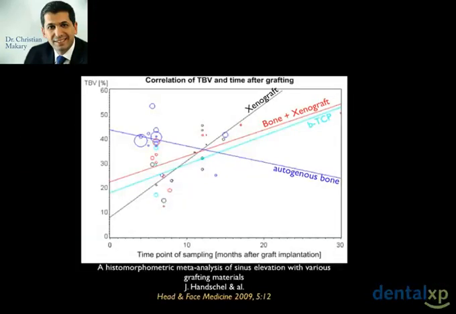And if we go to histomorphometric data on various grafting materials, this was a meta-analysis done by Henschel and co-workers in 2009.